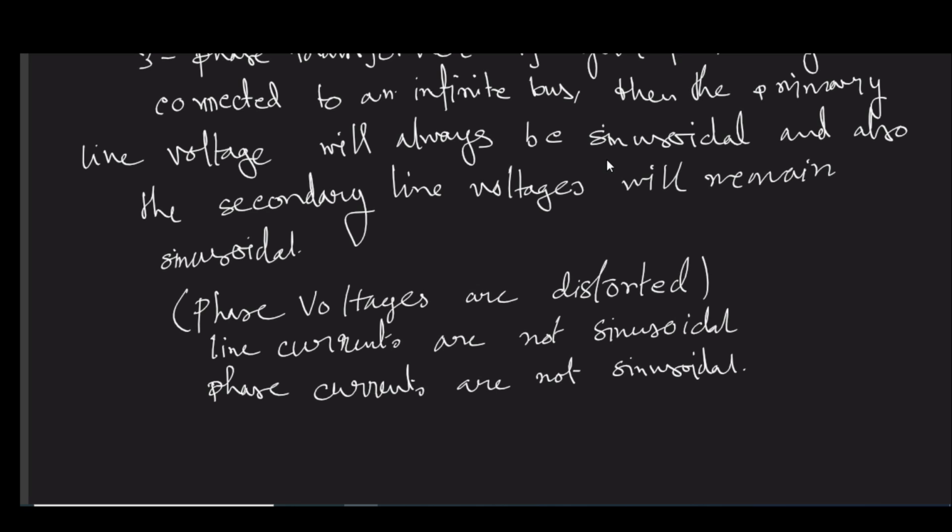Okay, so now one more thing I would like to tell you: if you have a balanced star connected network acting with only positive and negative sequence components, then what you will observe is this.